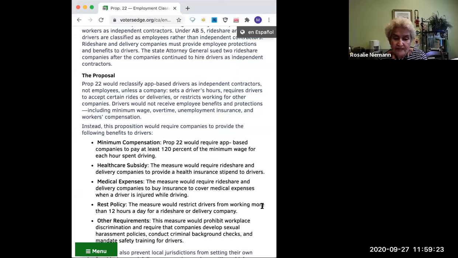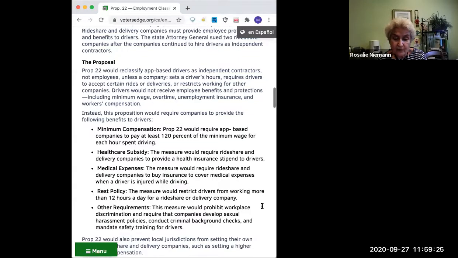Four is rest policy. It would restrict drivers from working more than 12 hours a day for a rideshare or delivery company. And five, other requirements. It would prohibit workplace discrimination and harassment, and it would conduct criminal background checks.